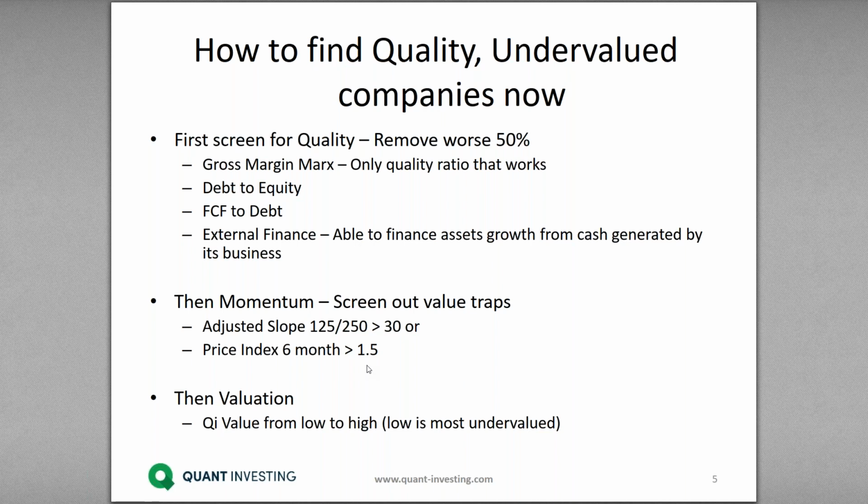And of these companies that are remaining, we want to find cheap companies, with value defined by QI value. The QI value indicator, just to refresh your memory, consists of EBITDA yield, earnings before interest, depreciation, and amortization, divided by enterprise value, earnings yield, earnings before interest and taxes, divided by enterprise value, and free cash flow yield as well.